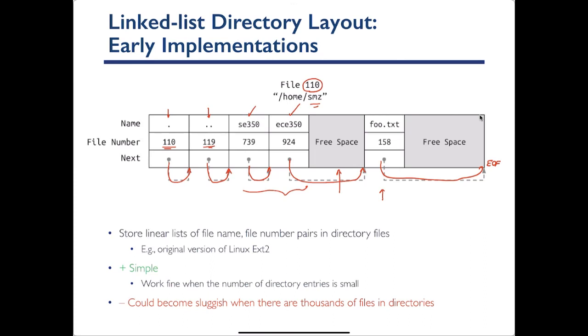Then for a single search, you could potentially go through your entire linked list. To search a file, for example, you have to go through all your subdirectories to then start your files. So searching in this is hard.